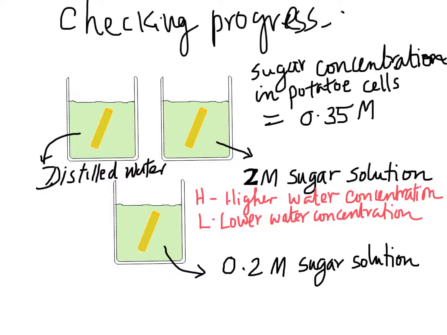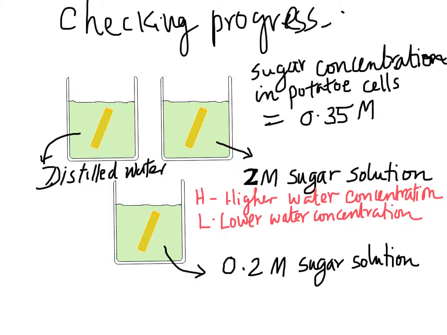Let's apply the idea that you've learned under osmosis so far in a very common experiment that we do in schools, where you have potato cylinders cut from potato, which is here. So these are cylindrical potato chunks cut off from potato. As you know, potato cells contain sugar.